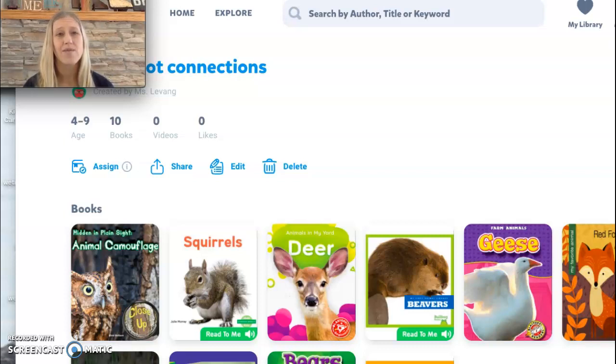For morning meeting, we are going to start with a book. We have been reading Wild Robot, and so in Epic, there is a Wild Robot Connections. I'm going to click on this book right here called Geese. Today, we are going to fill out a main idea and detail about the book.